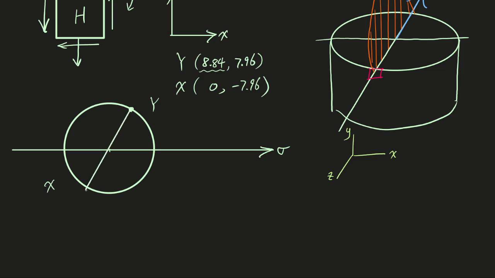Then draw a line through the center of the circle, landing at the other side, and there you have the X coordinates. So X should be somewhere along here, which is, let's write it here, X: 0, negative 7.96. The x coordinate of X just happened to be 0, so I can draw a line through X, and then I will have my y-axis.